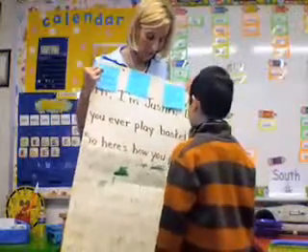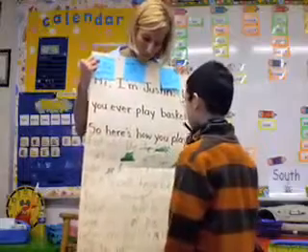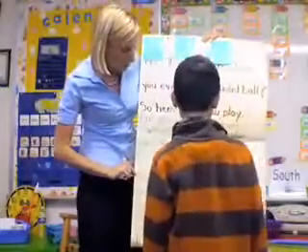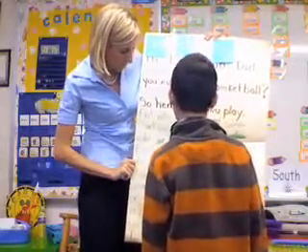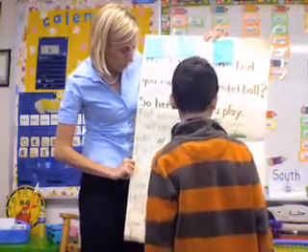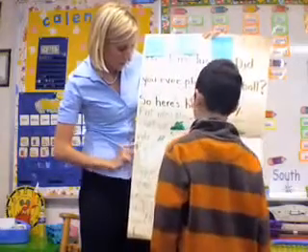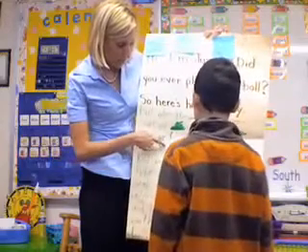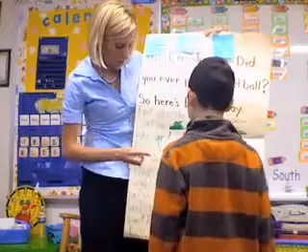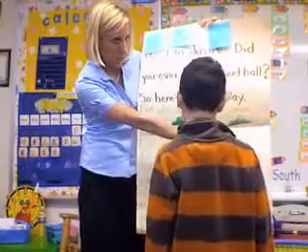Hi, I'm Justin. Did you ever play basketball? So here's how you play. First, when the game starts, we jump to see who gets the ball first. Second, hurry, dunk the ball and you will get some points.